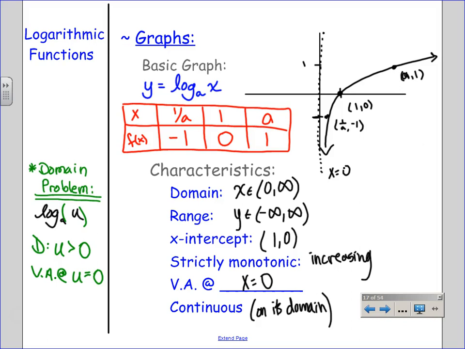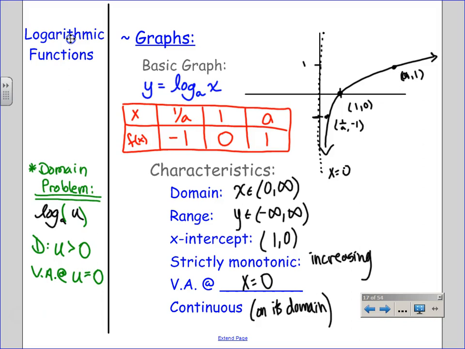If it's just x, no big deal. x is greater than 0. x can't be 0, aka the vertical asymptote is at 0. But if you were to have x plus 1, well, x plus 1 has to be greater than 0. Oh, so the asymptote is at x equals negative 1. Anyway, whatever's in the logarithm, that entire argument must be greater than 0. That's how we find the domain. And the vertical asymptote will always be at the 0 of the argument.